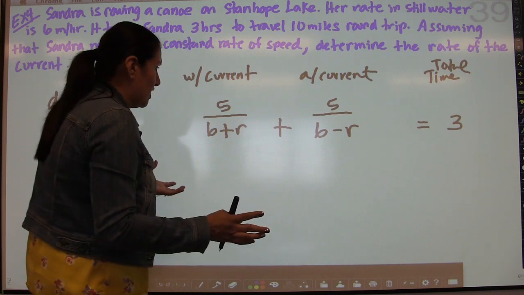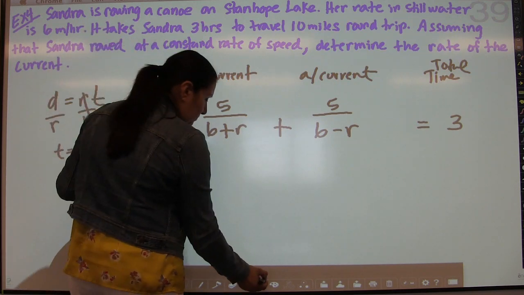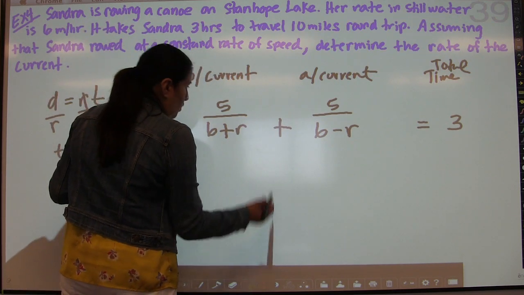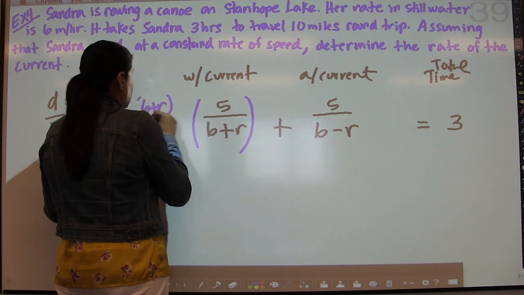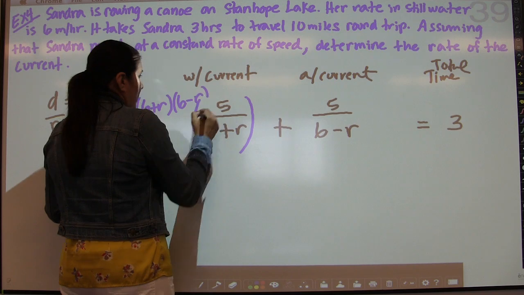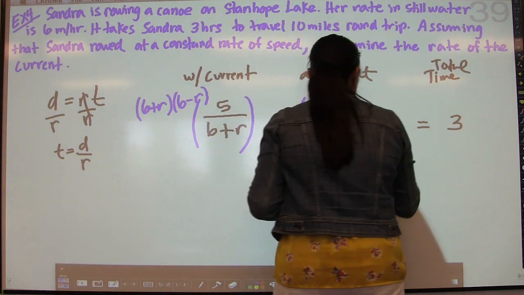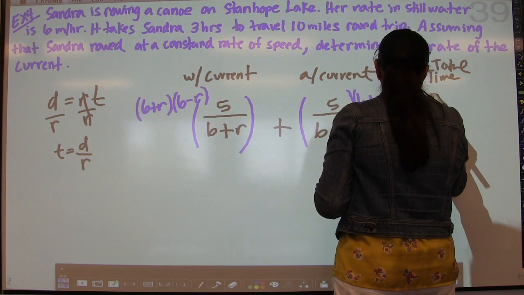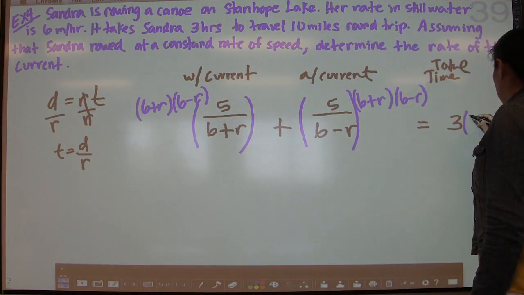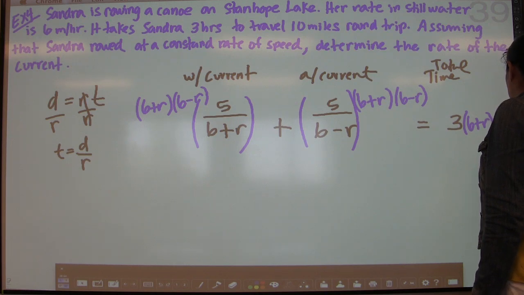So now we have our equation, and we want to multiply by the least common denominator, which in this case is going to be both 6 plus r and 6 minus r.